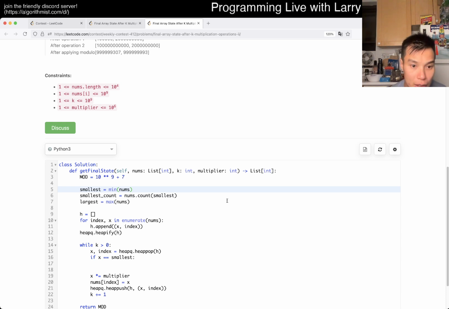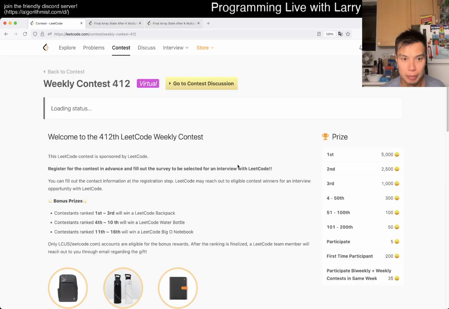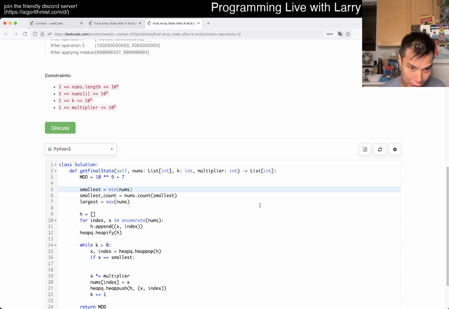No, we'll never catch up, right? Or you never need more. Okay, yeah, no, this is the right idea, but I ran out of time on it, probably. 4 minutes left, but we'll upsolve it though.